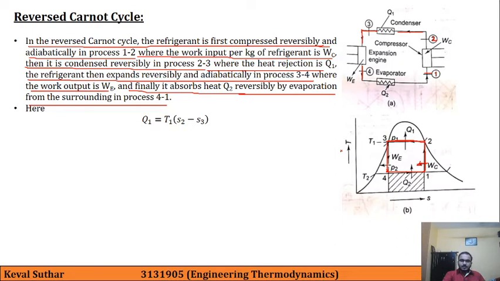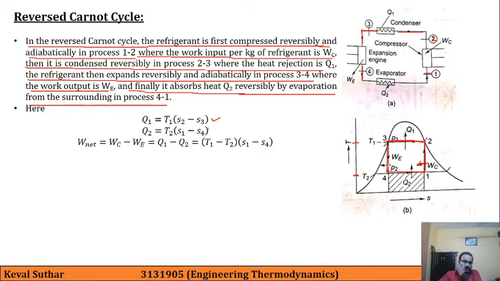Here Q1, the heat rejection, is T1 into S2 minus S3. Then the value of Q2, the heat which is absorbed at T2, is T2 into S1 minus S4. So W net can be written in this way, WC minus WE.